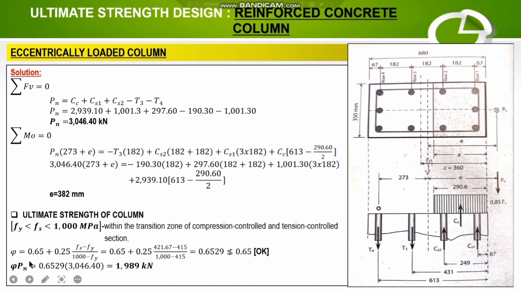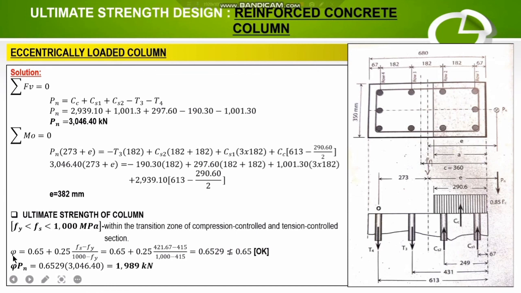Then, plugging in all the values, 0.65 plus 0.25 times 421.67. This value is derived from the tensile stress Fs4 of the tension part. Minus 415 over 1000 minus 415 is equal to 0.6529.